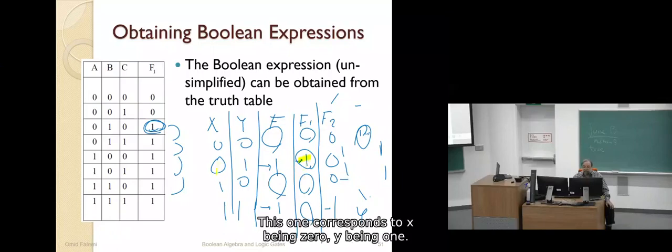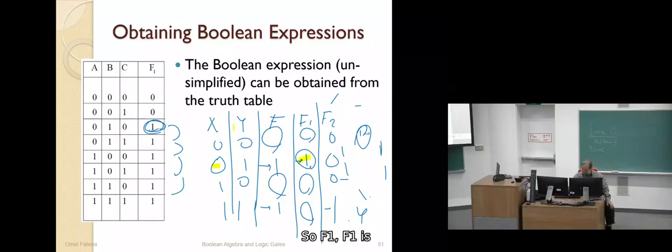This one corresponds to x being 0, y being 1. So if I want to make it an AND, what should I put? You told me at that time. X and not y? No. Now x is 0. Negation x and y. Perfect.